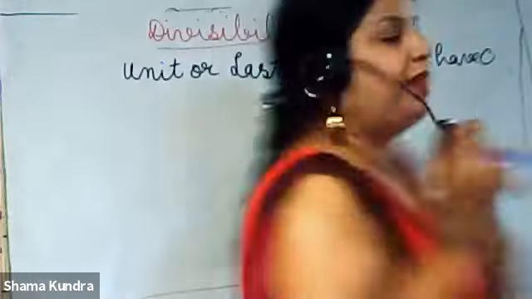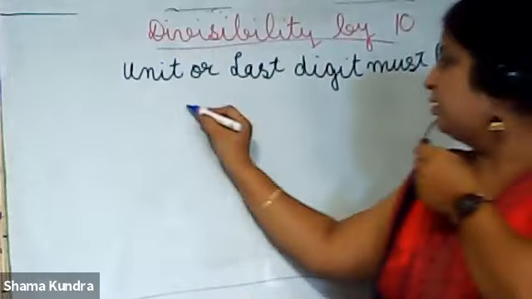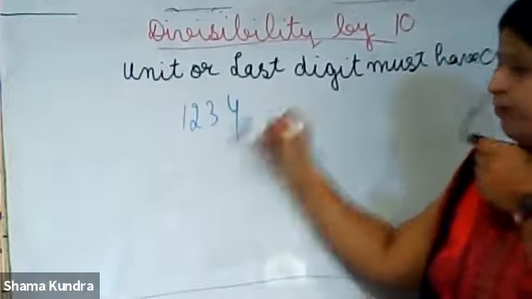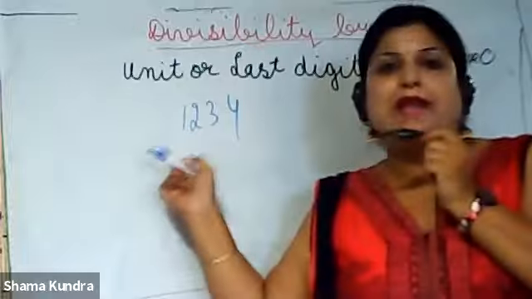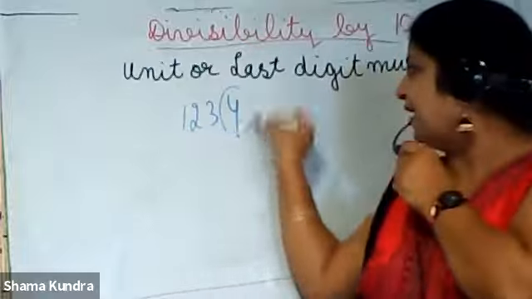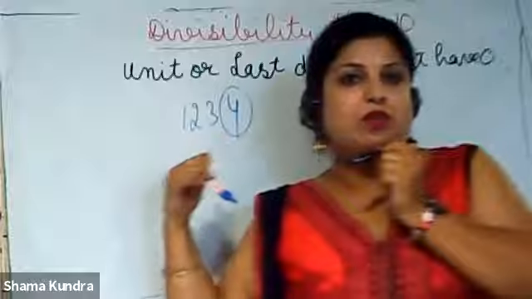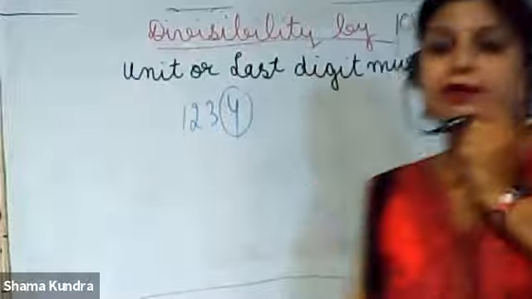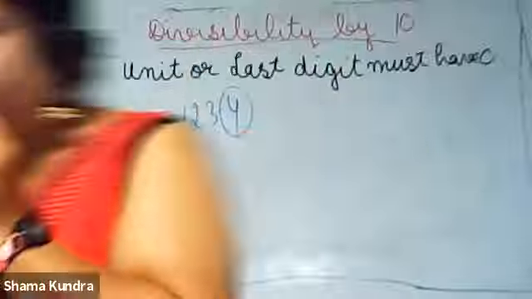For example, if I take the number 1, 2, 3, 4, to check whether this number is divisible by 10 or not, you simply take the last digit or unit digit. Here it is 4, it is not 0, so this number is not divisible by 10.